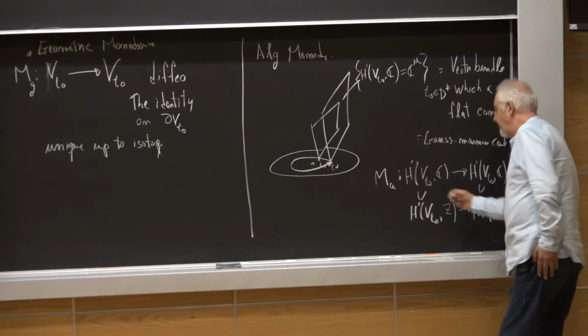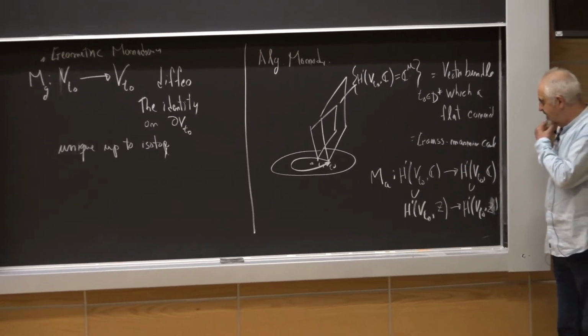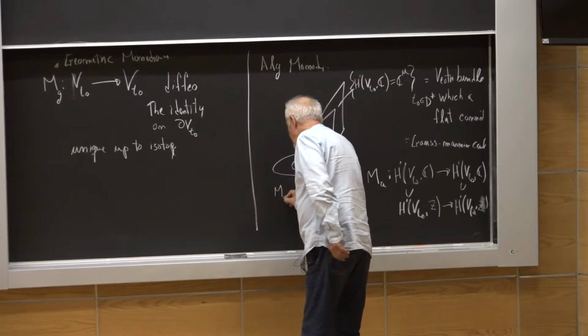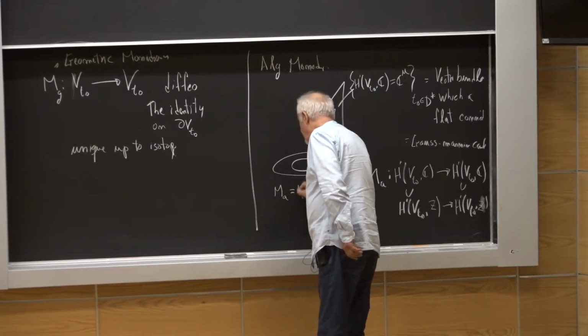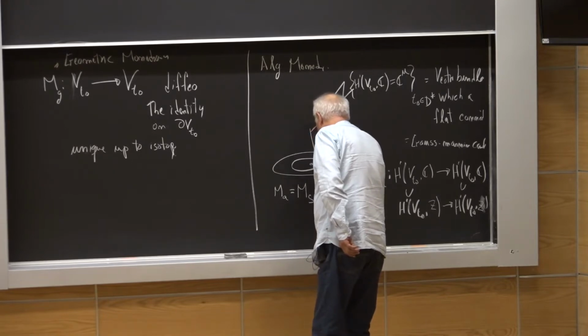But if we think of it in the complex numbers, then it is a matrix, and this M_A can be written as the semisimple part times the unipotent part.